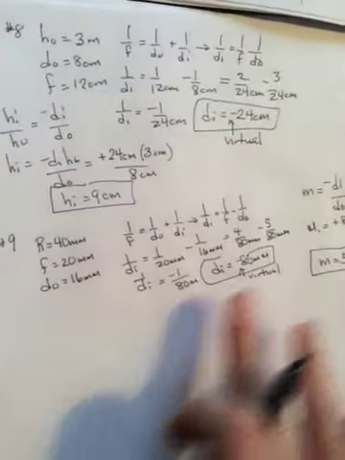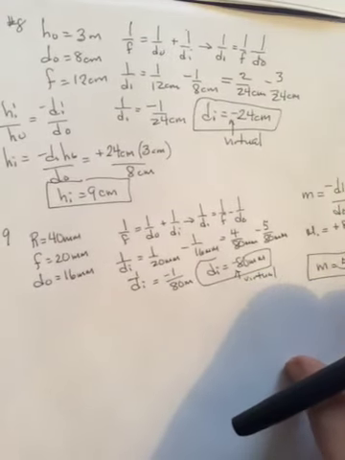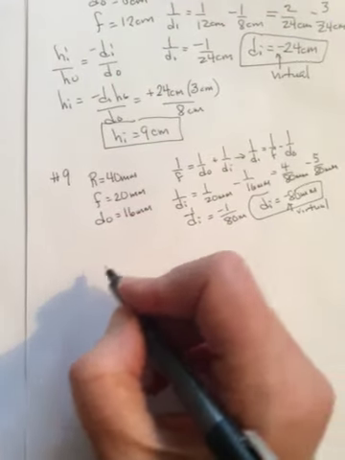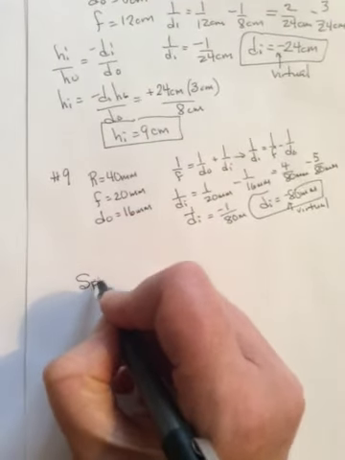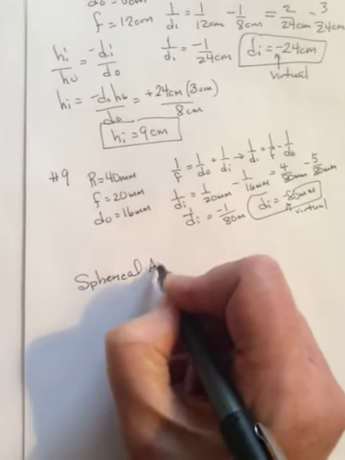Okay, so I have a few more mirror ones for you for tonight, and one other mirror thing to talk to you about that I should have mentioned yesterday, and I missed the cool part. Spherical aberration we talked about yesterday.